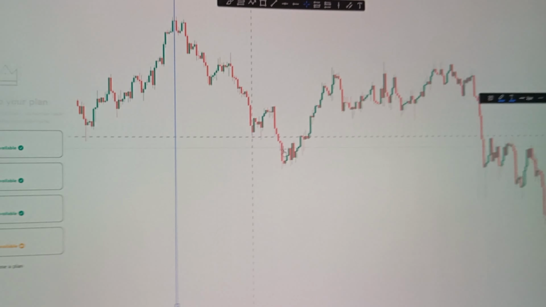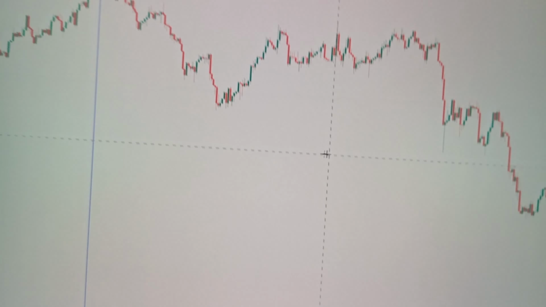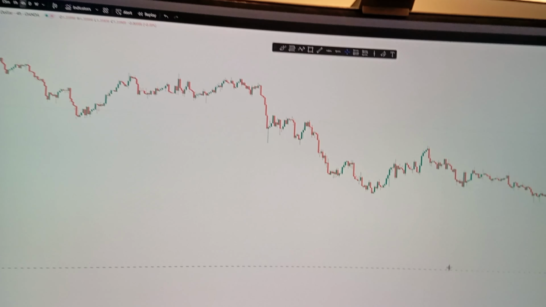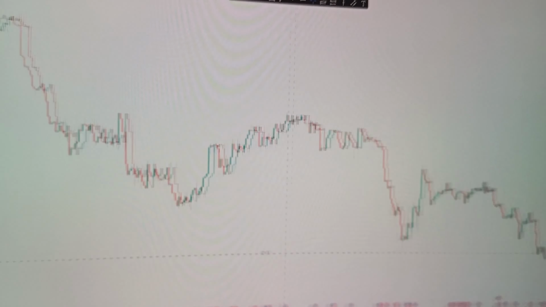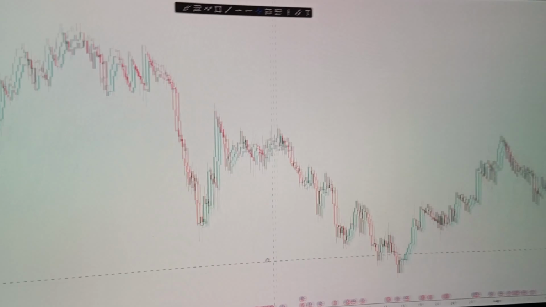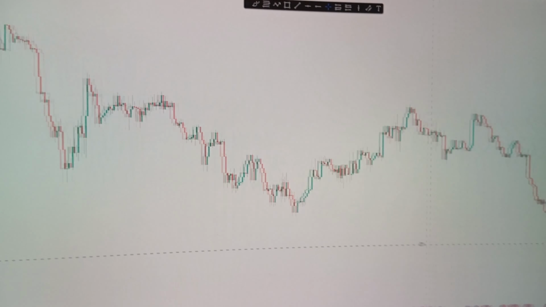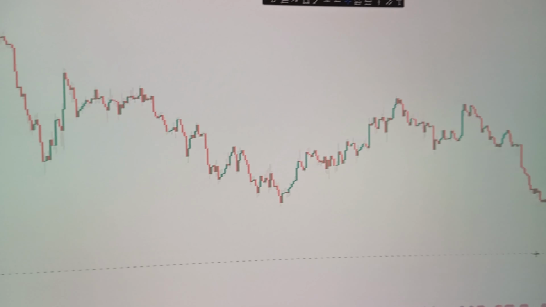From this spot, coming all the way down, I'm scrolling it, pushing to the left, bringing out more charts from the right. From there, going more and more down, to this spot, it is all a downtrend.